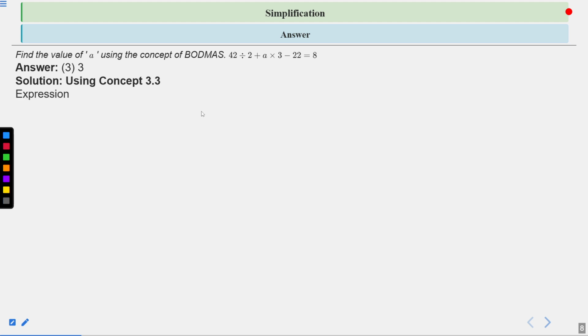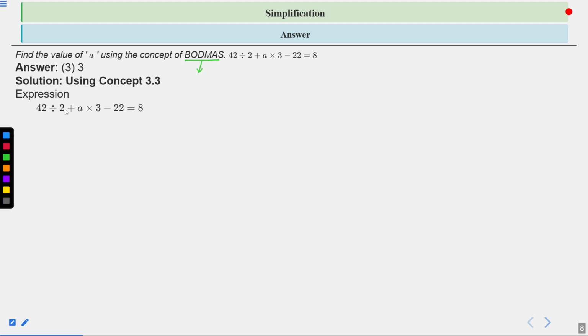The expression given is 42 divided by 2 plus A into 3 minus 22 equals 8. We know BODMAS: first we open the bracket, then division, then multiplication, then addition, and at last subtraction. In this question, there is no bracket, so first we divide, and after that multiply.